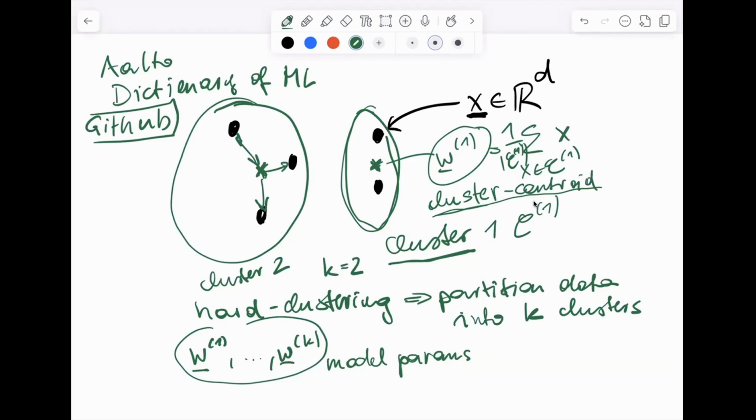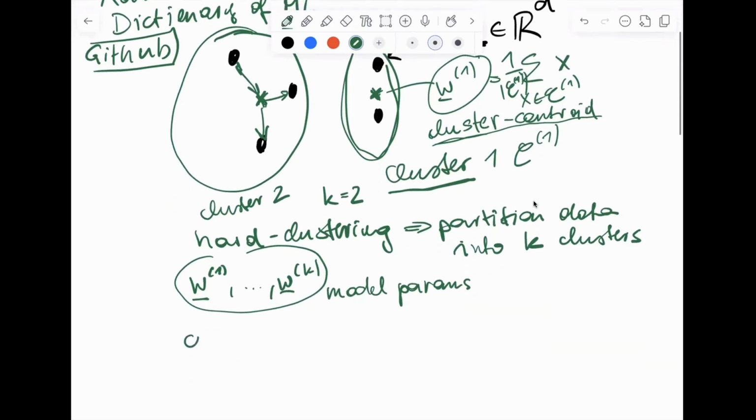So we can define the clustering error by using L, which is intentional because it's a loss function.